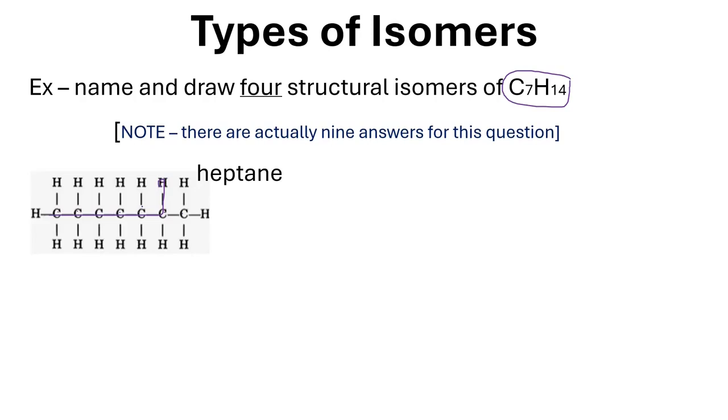So our next goal is going to be to take it one step down from heptane and look at what kind of hexanes we can draw. So I've drawn the first one here, hexane. 1, 2, 3, 4, 5, 6. So there are 6 carbons in a row. There's my hexane. And what I'm going to do is take a CH3. So in essence, we're removing this end part here, and we're trying to attach it to a different place on our chain.